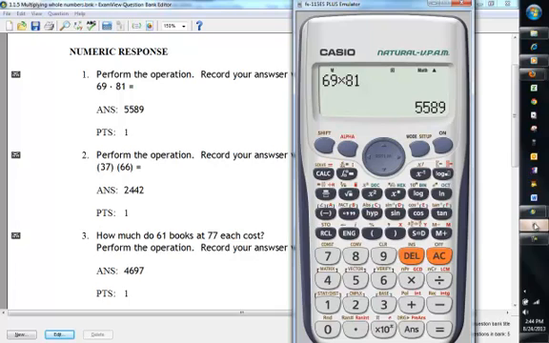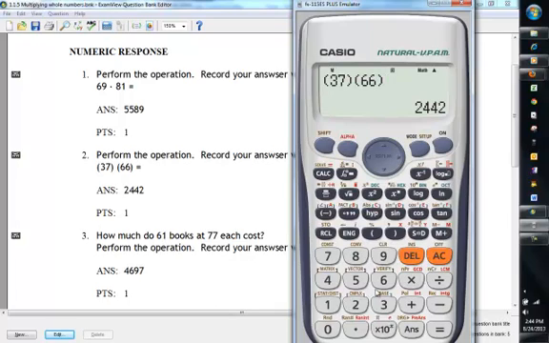Also, if a number is in parentheses, you can do the same thing. 37 times 66. But you could also actually do it the way it's written. 37 close parentheses, open parentheses, 66 close parentheses, and you get the same answer.